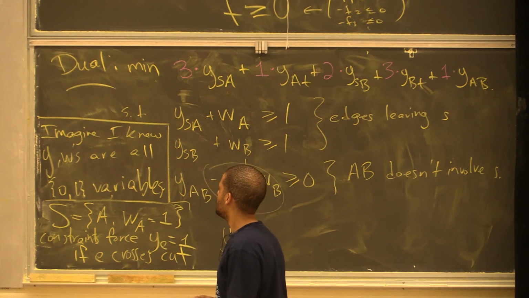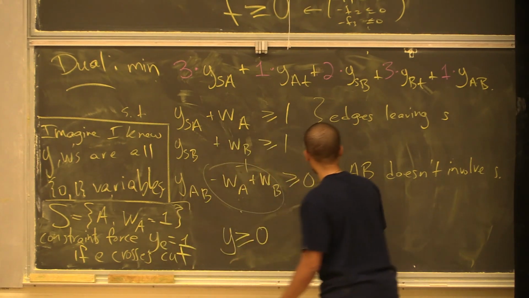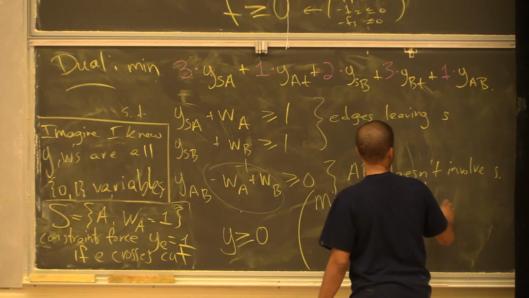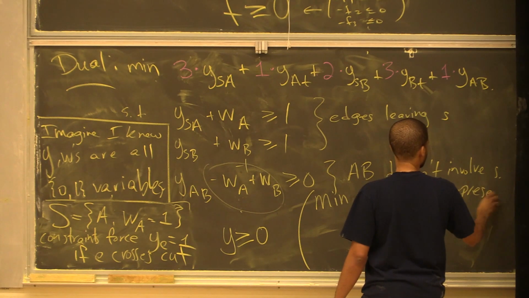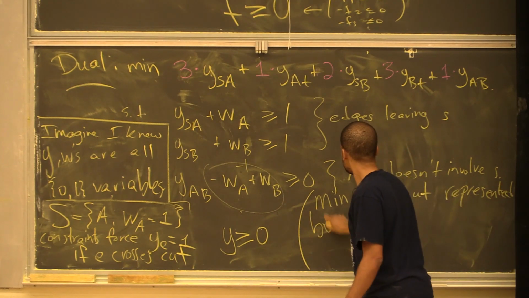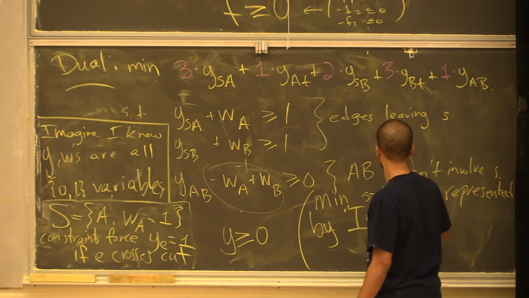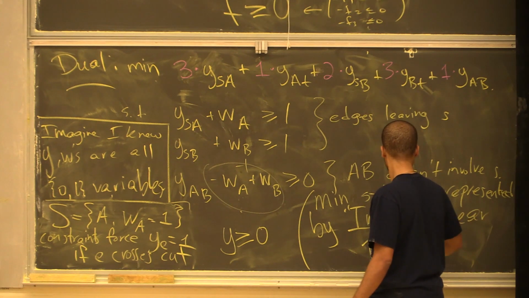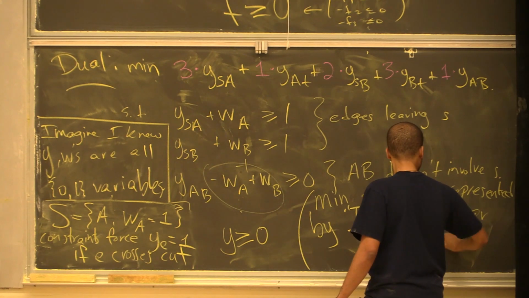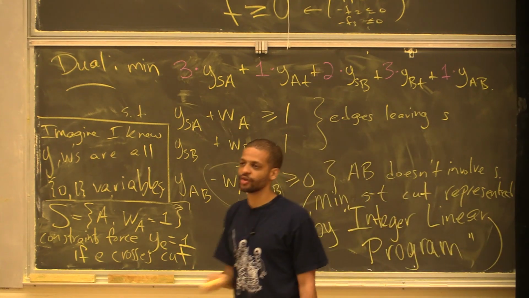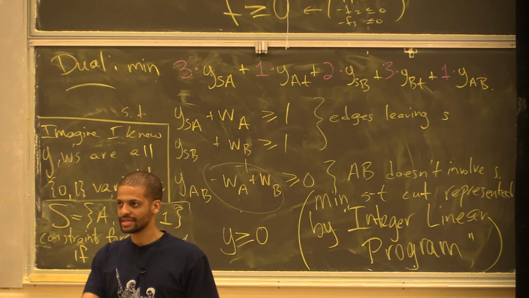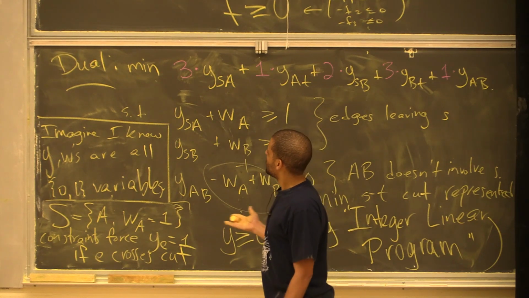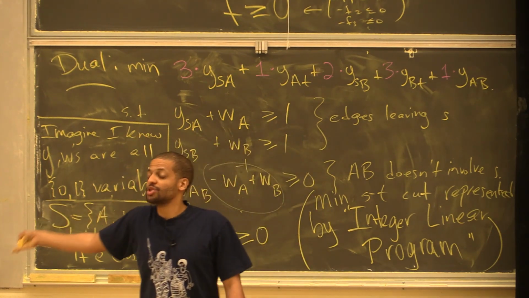So really what we just said is that min ST cut is represented by what's called an integer linear program. If we had this linear program, but we said, look, you have to set the variables to be integers, then we would actually have min ST cut. Unfortunately, we don't. So this is some kind of fractional version of min ST cut.